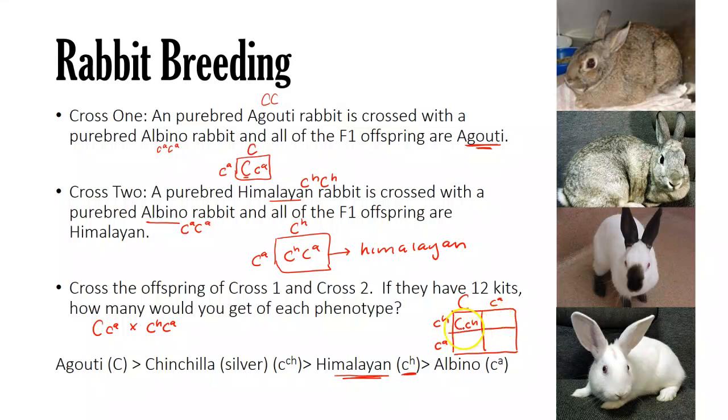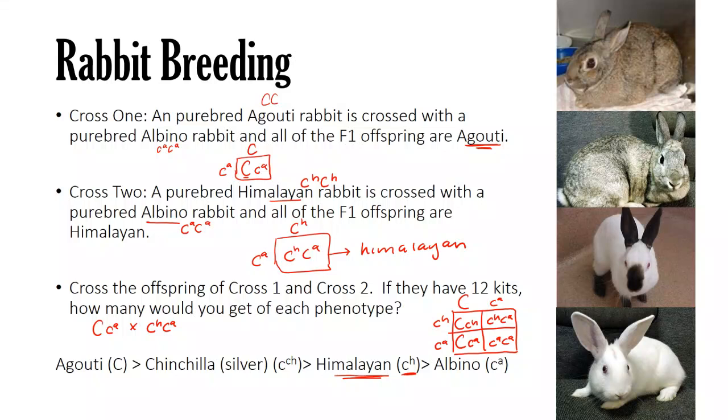This offspring would be agouti. C^h c^a would be Himalayan. Big C, little c^a would be agouti. And c^a c^a would be albino.